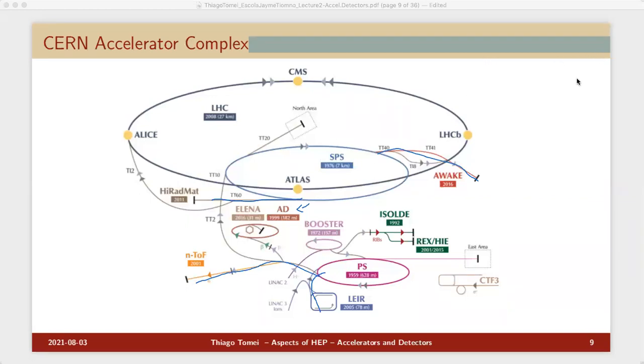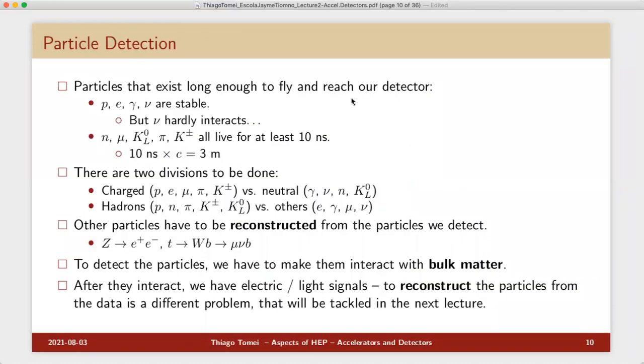Another tidbit of information that I want to share with you is that the tunnel for the LHC is exactly the same tunnel as was built in the 80s for the Large Electron-Positron Collider. I wish I had a picture of the LHC here, but I think it wouldn't do it justice.